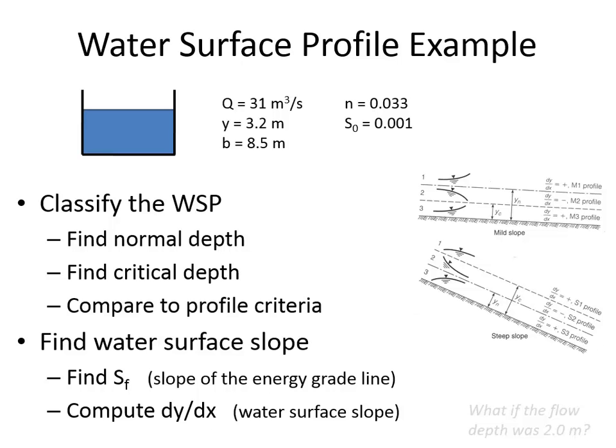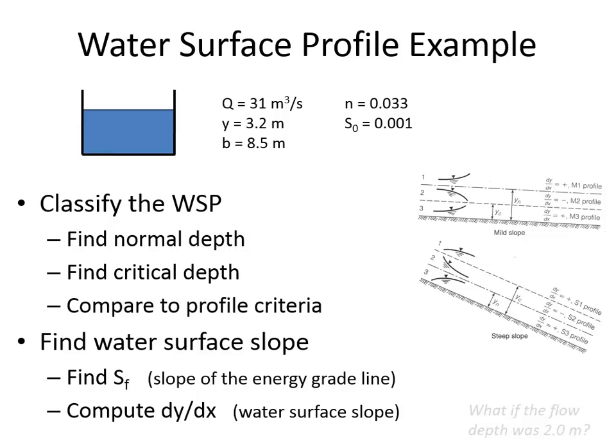Okay, so find the water surface slope is the next step of this process. And we can find the slope of the energy grade line, S sub f, using Manning's equation.